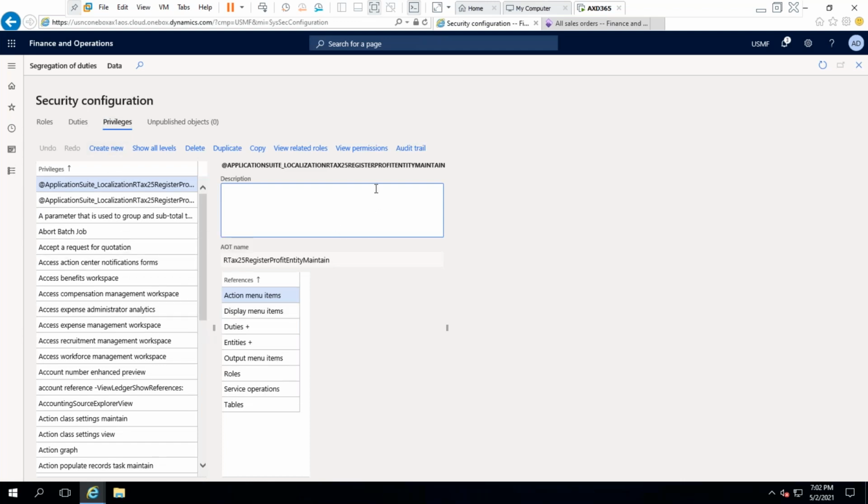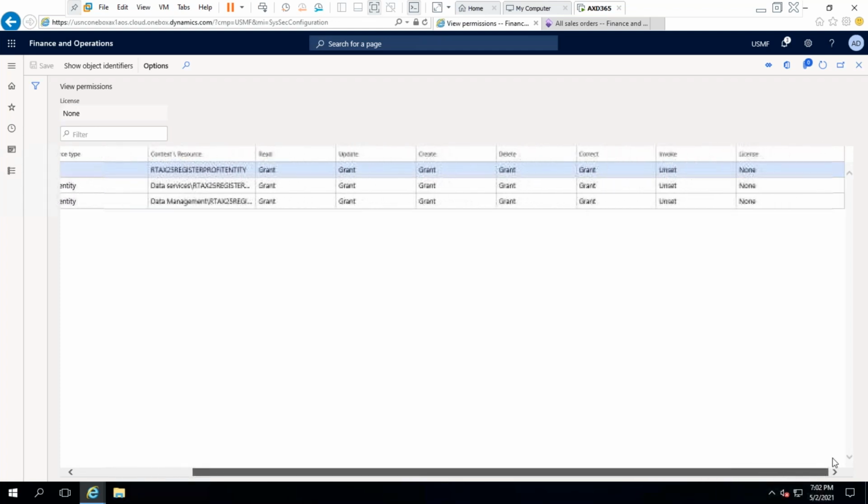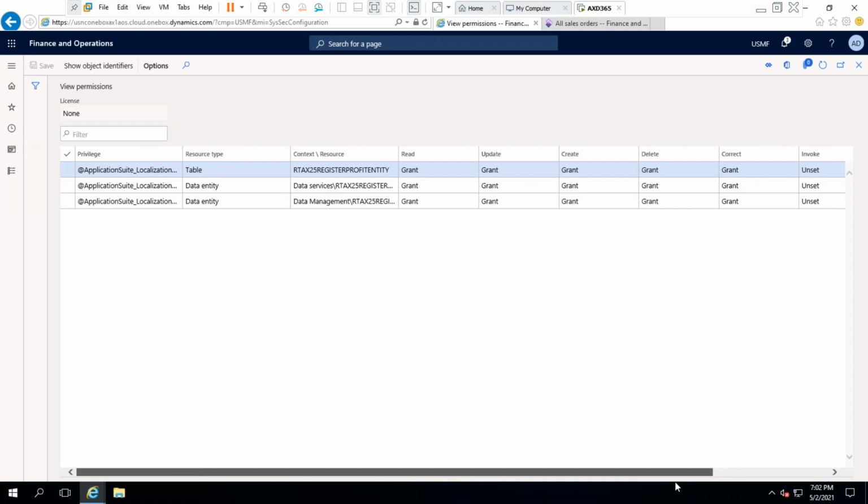You can click view permissions, and it will show whether you have read permission. Here one is read, update, create, delete, correct, invoke, everything. These are the permissions. Screen-wise permission is not possible.